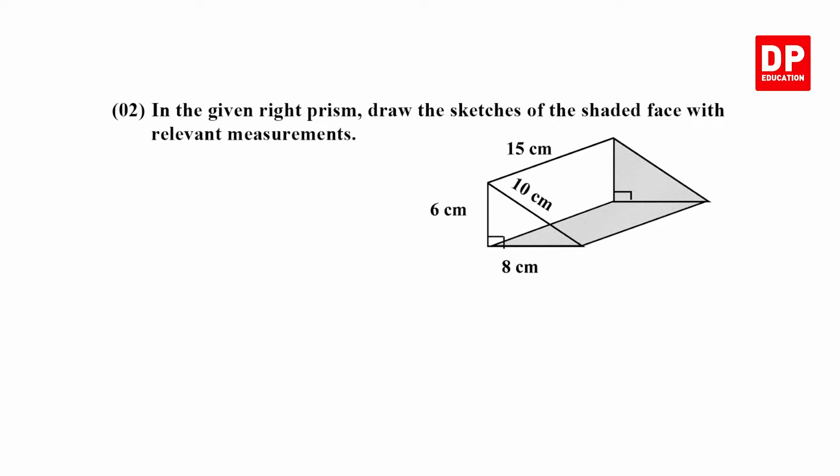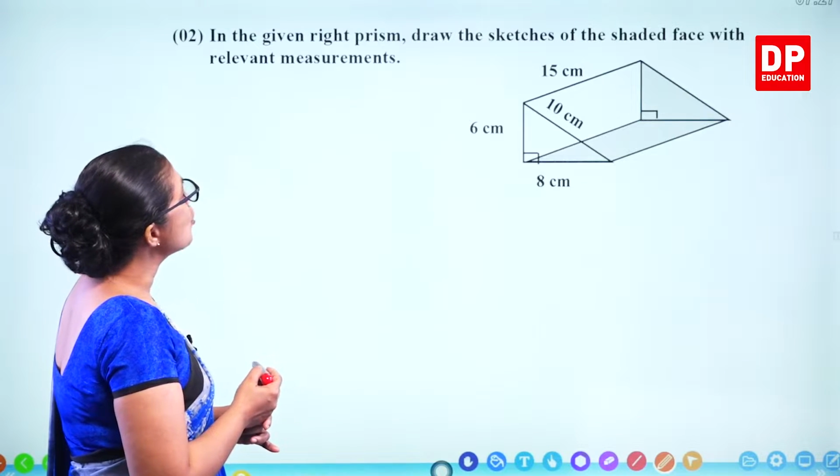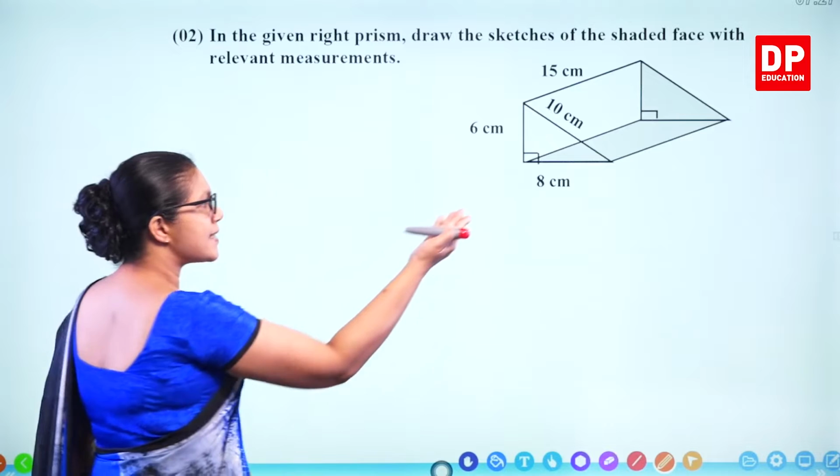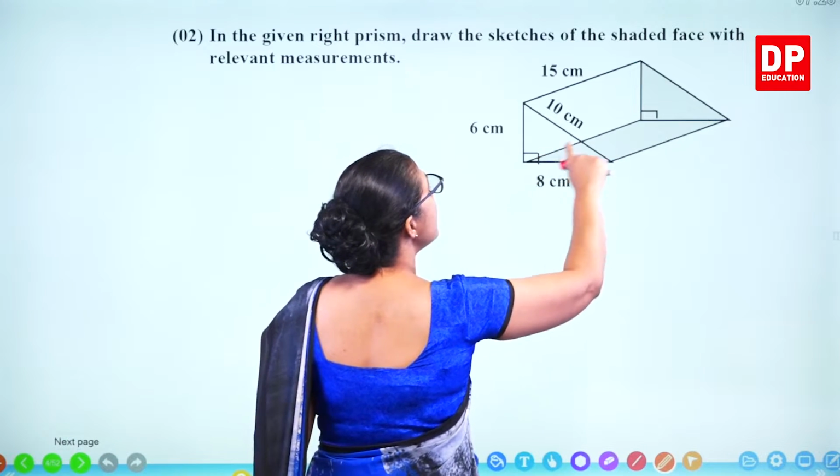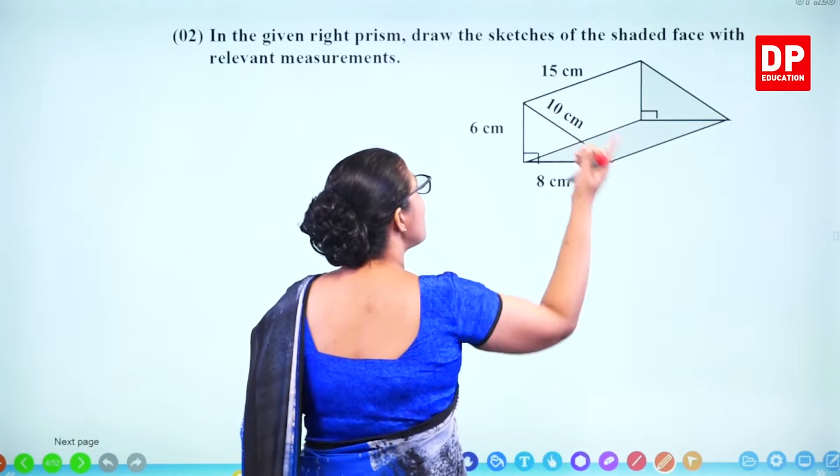Question number 2. In the given right prism, draw the sketches of the shaded face with relevant measurements. Can you see the base is a rectangle, 8, and this length is equal to this one, 15.